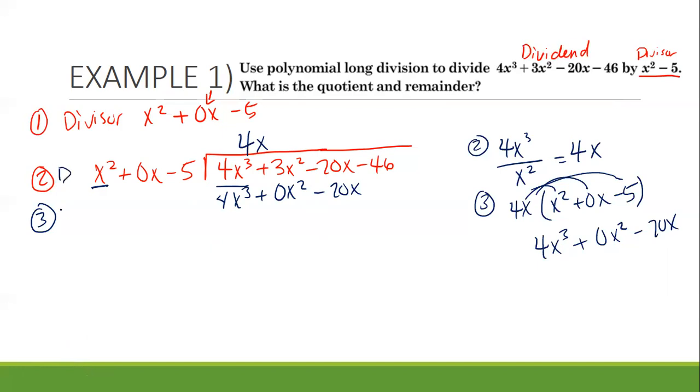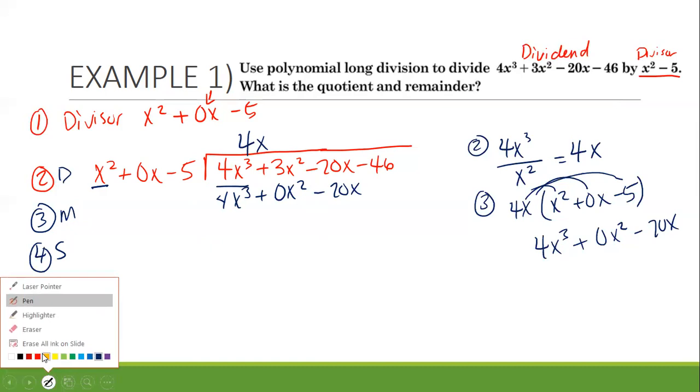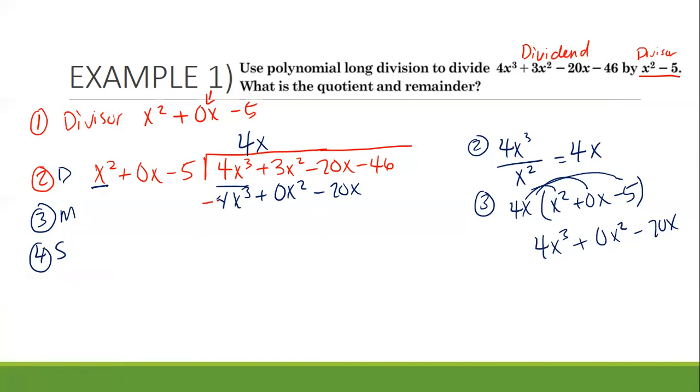So we divide, we multiply, and then step 4 says we subtract. So we divide, we multiply, we subtract. When you're subtracting, that means you're changing the signs of all the terms. Subtract, this goes away. 3x squared minus 0x squared is 3x squared.